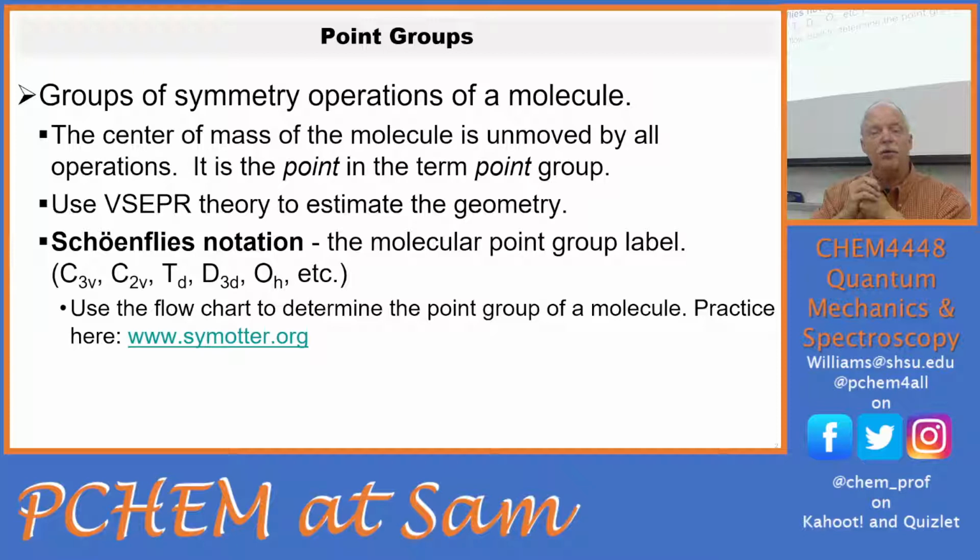That's the molecular point group label. So when I talk about Schoenflies notation, that's the point group label for a molecule, like C2v or C3v. So that's a vocabulary word for you. That's the label that we put on the different molecules to keep track of their symmetry.